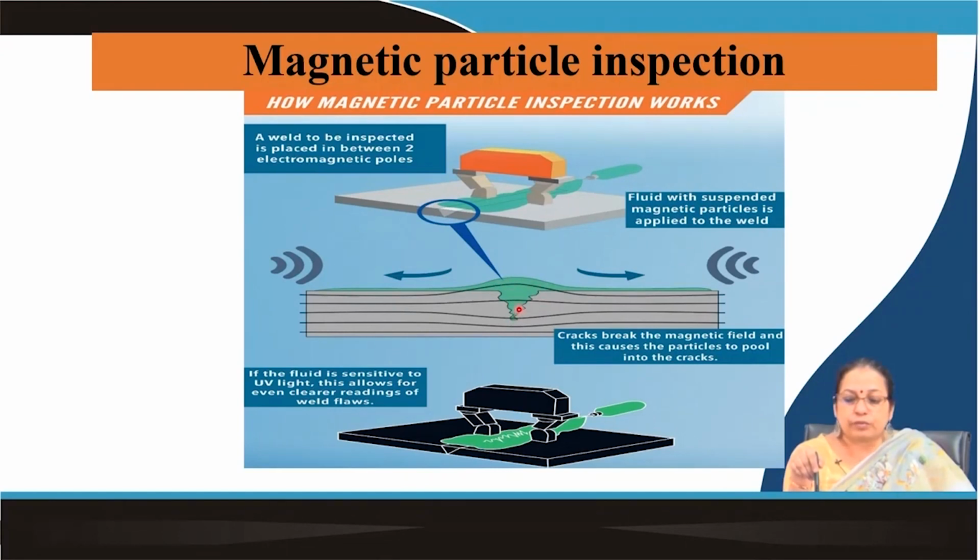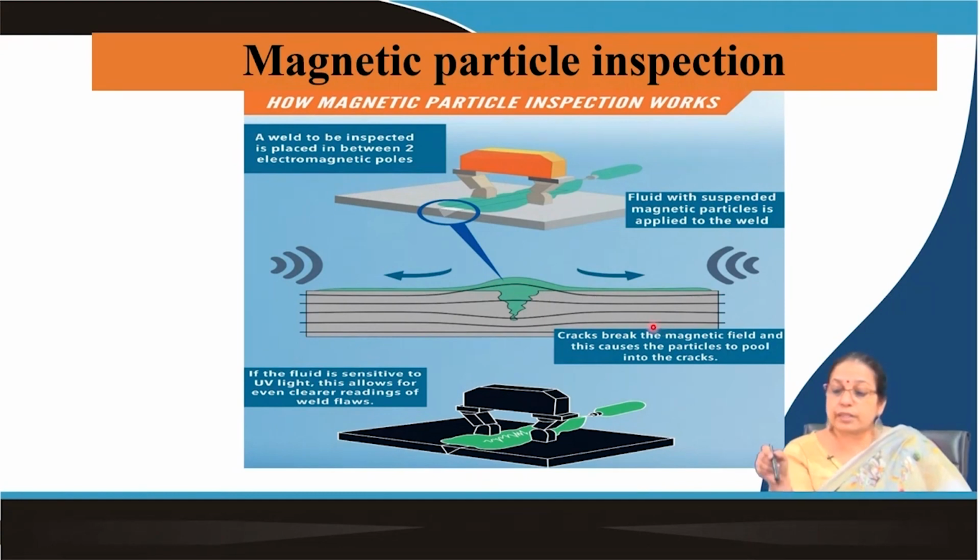So from the location where the magnetic particles are not there, you can determine the zone of the flaws or any defects present on the surface.